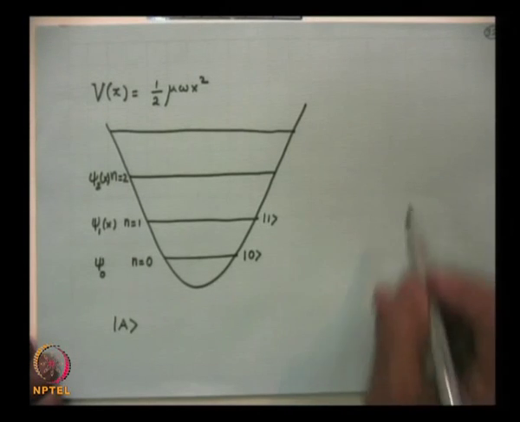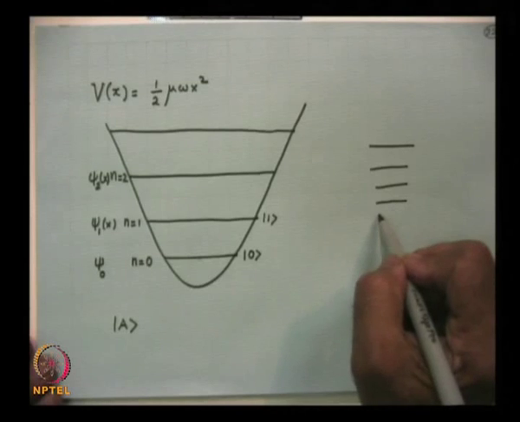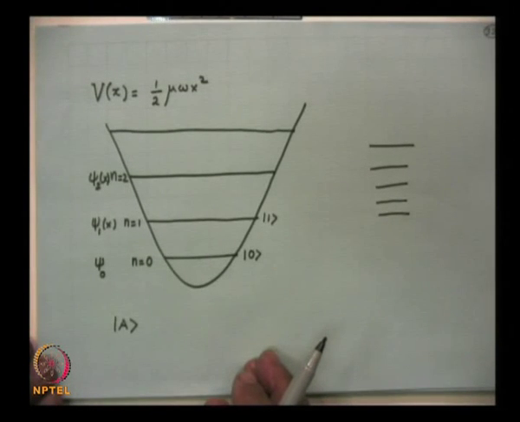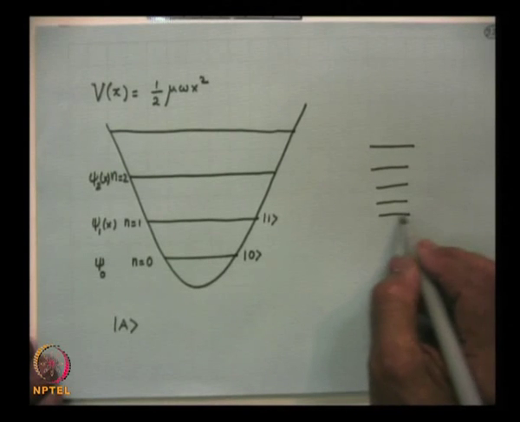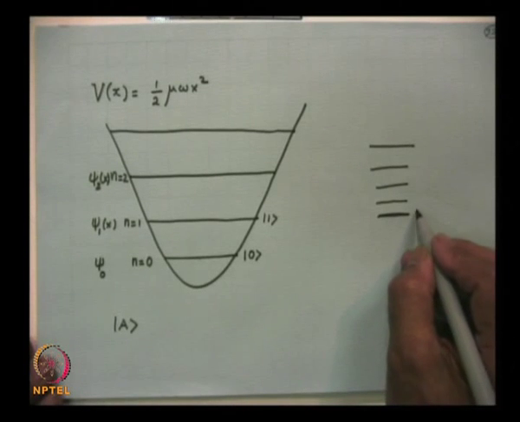I have hydrogen atom states also. We had solved the hydrogen atom problem. Each has a specific set of quantum numbers. Now, each state of the hydrogen atom I represent by a ket vector.